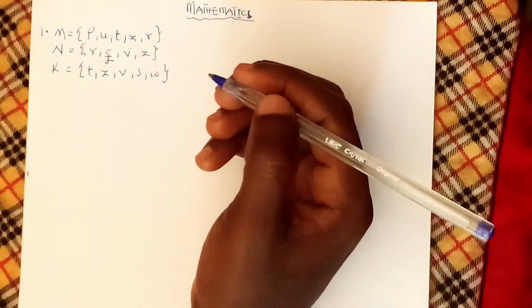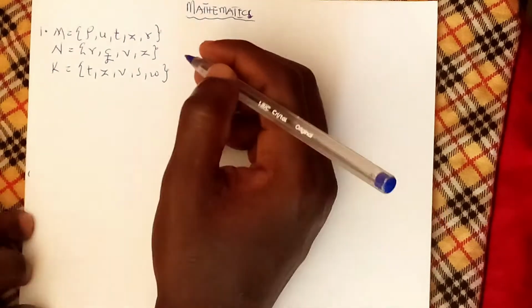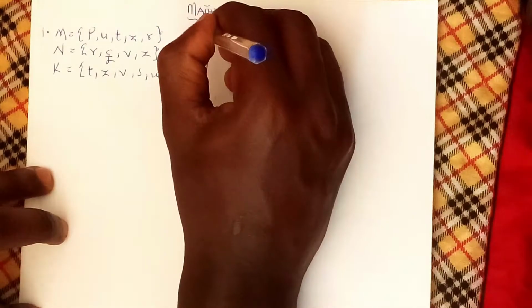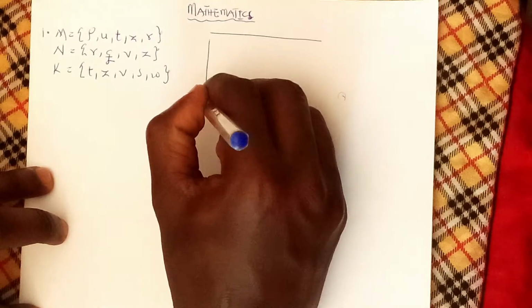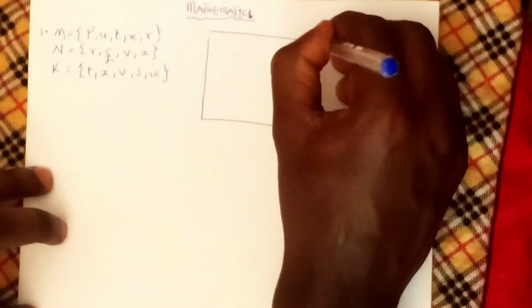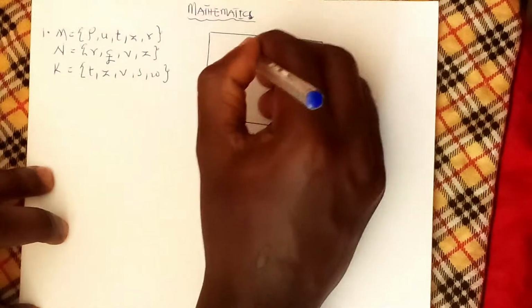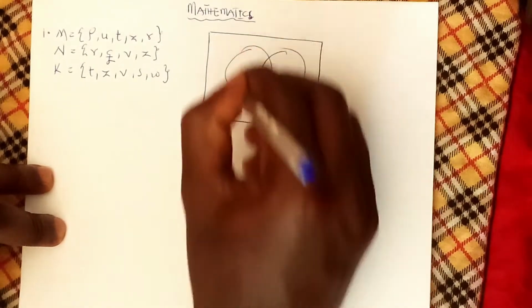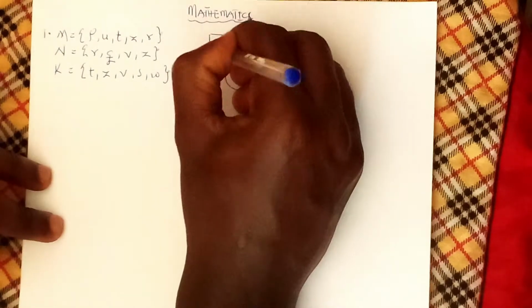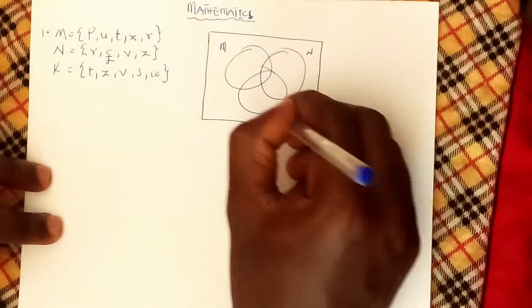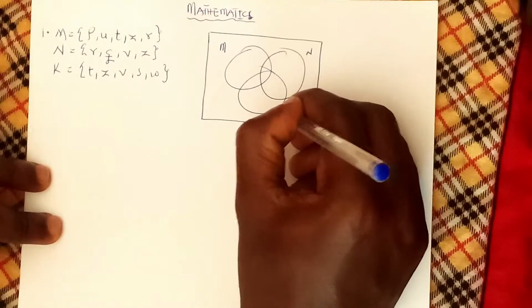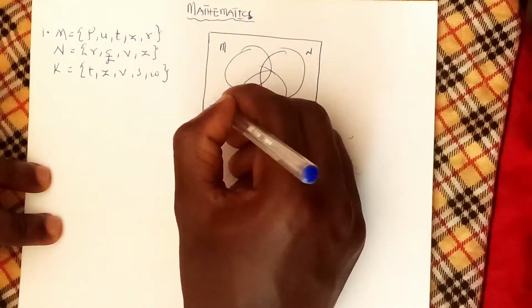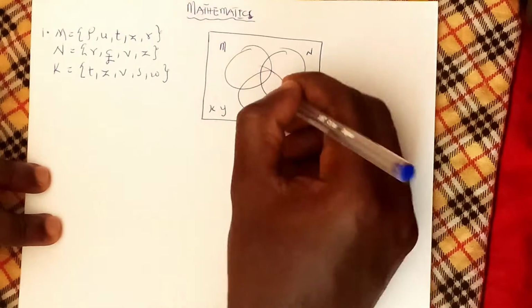Let me show the Venn diagram again. We have M and K, and you have the outside ones, that's X and Y, sorry.